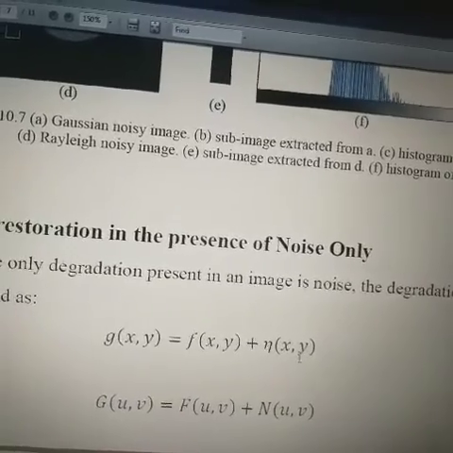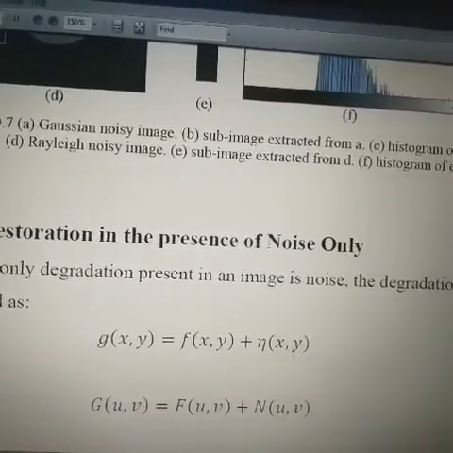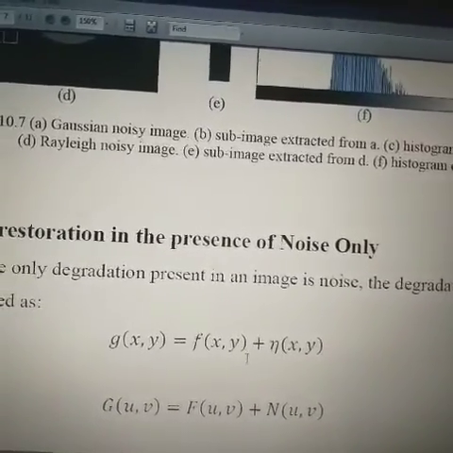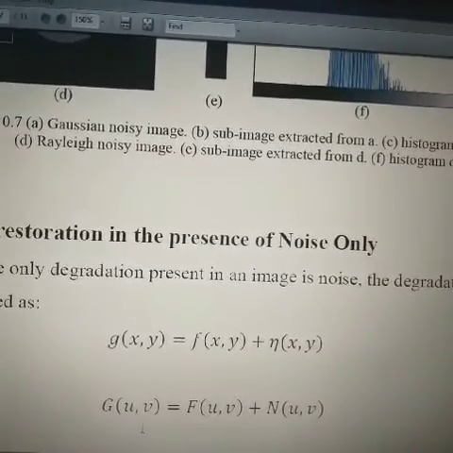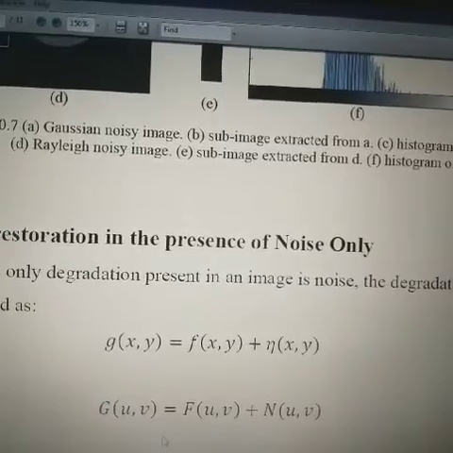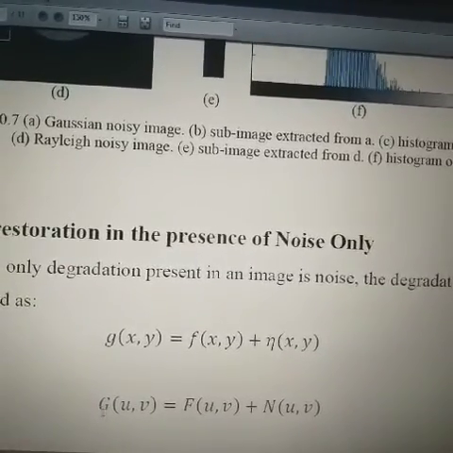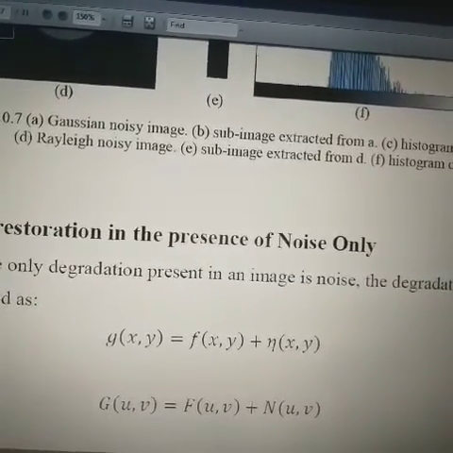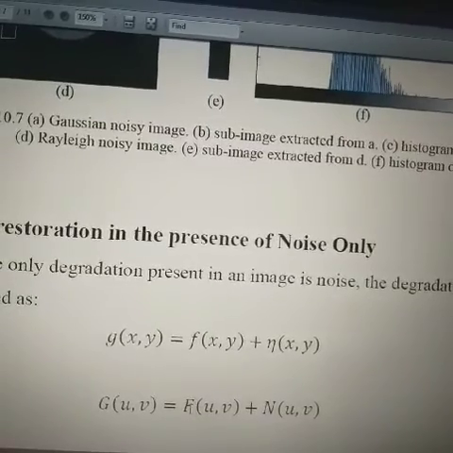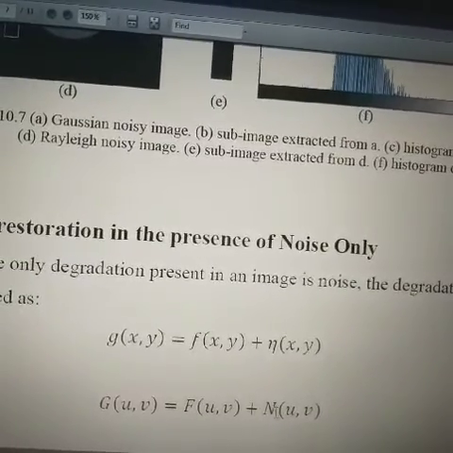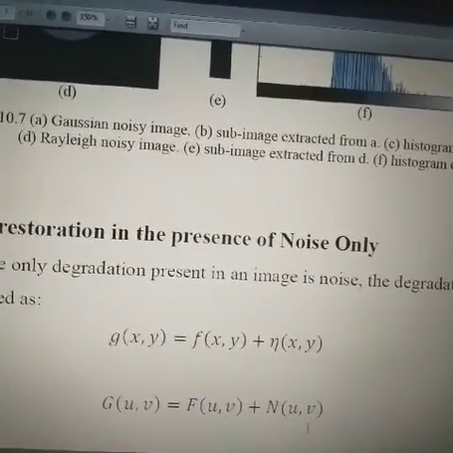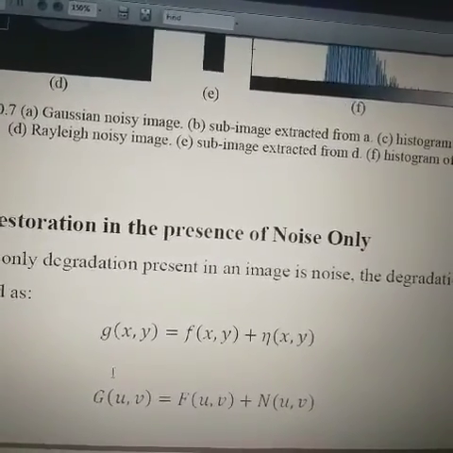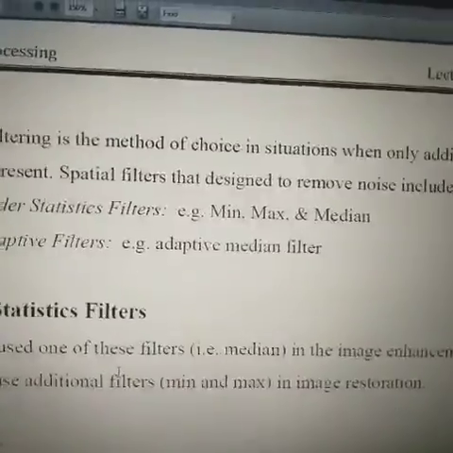But when only the noise is present, the degradation function is not included. Similarly, in the frequency domain, we get the equation G(u,v) equals F(u,v) plus N(u,v), the additive noise.